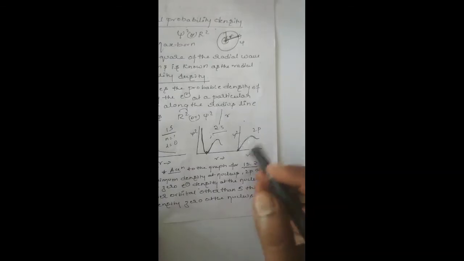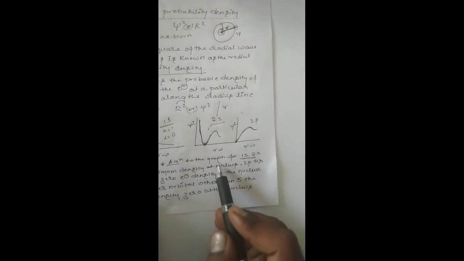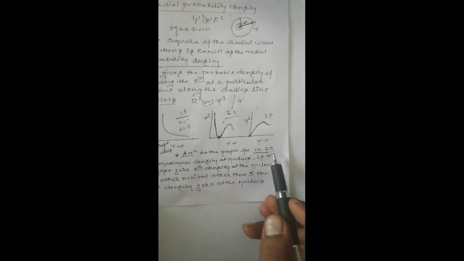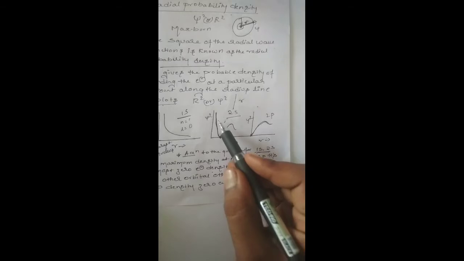Similarly, when the radius increases, the radial probability density will move along the radius. According to the graph, 1s and 2s have the maximum density at the nucleus.